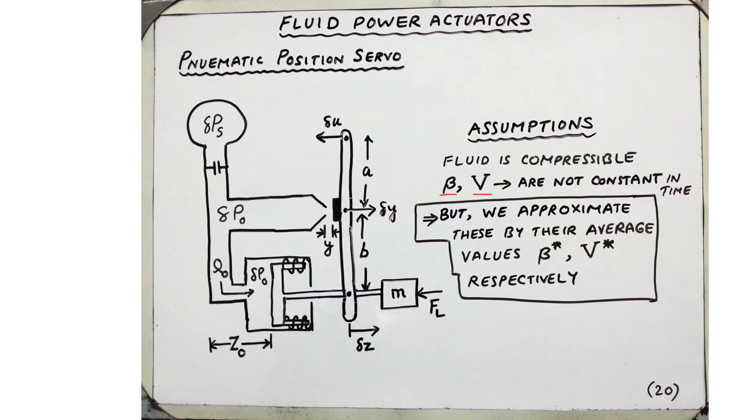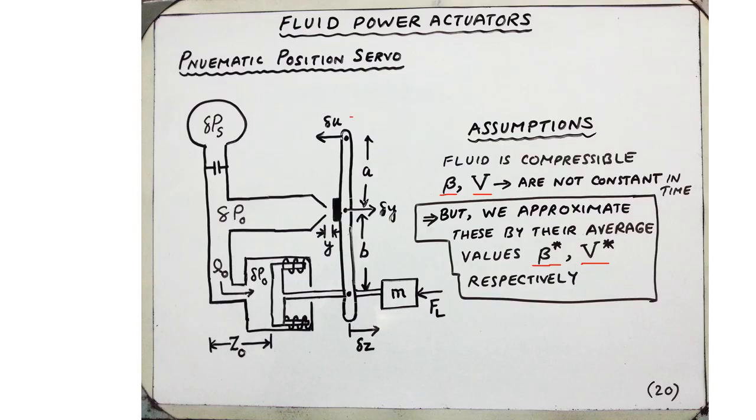Again, they are not constant, but we're going to assume that we could possibly approximate the bulk modulus with its mean value beta static and the volume with its mean value V static respectively. And once those mean values are obtained, by substituting these in the expression of the capacitance, we can be in a better shape to write a linear expression for the system.